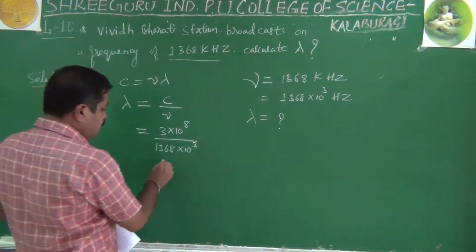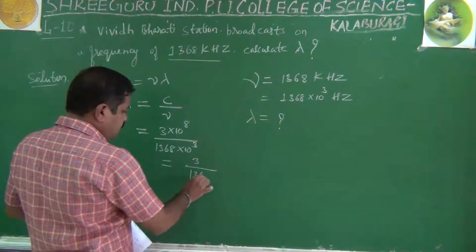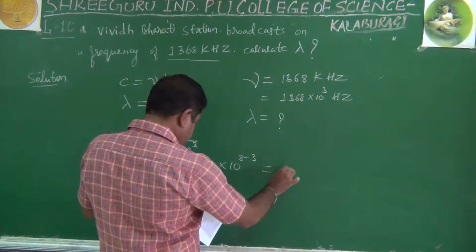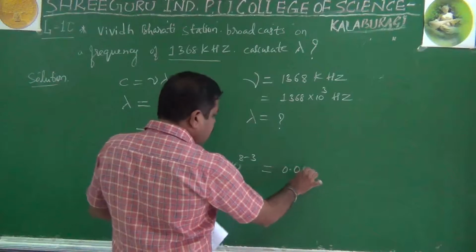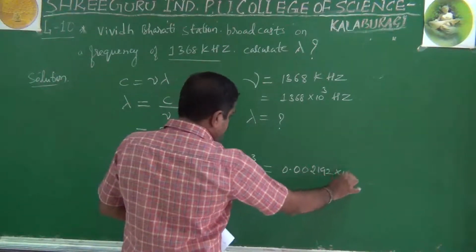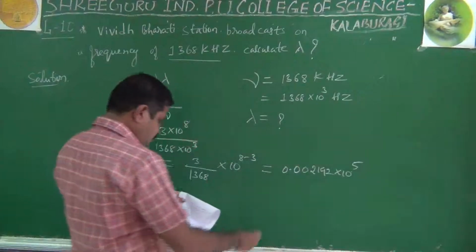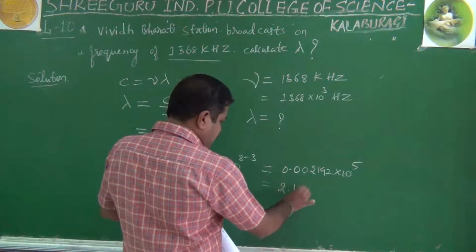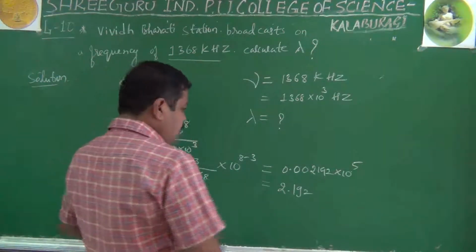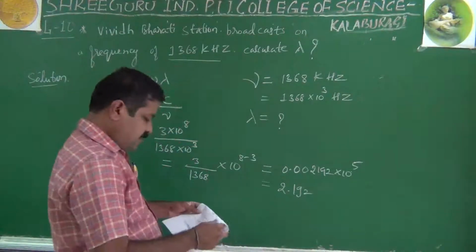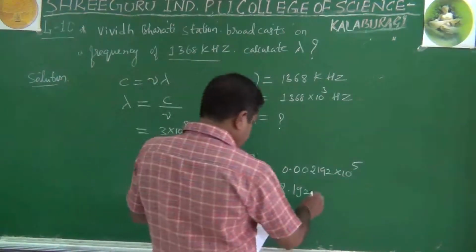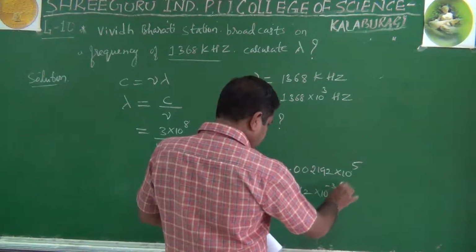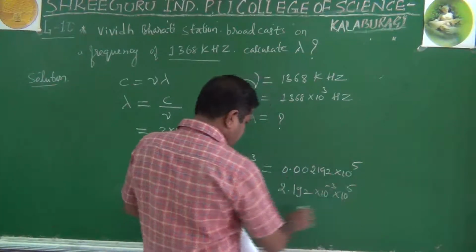On solving what will you get? 3 by 1368 into 10 to the power 8 minus 3. Upon solving you will get 0.00219 into 10 to the power 5. Further multiplying this, 2.192 into 10 raised to minus 3, and this will be into 10 to the power plus 5.